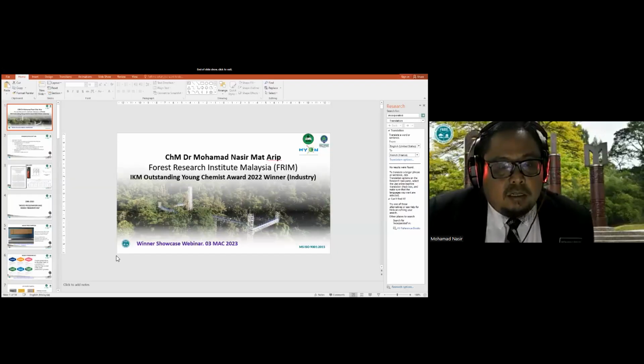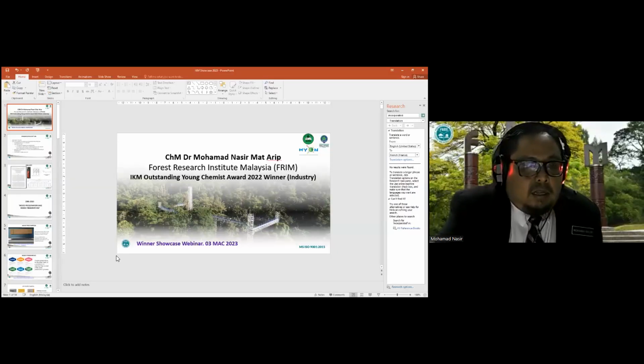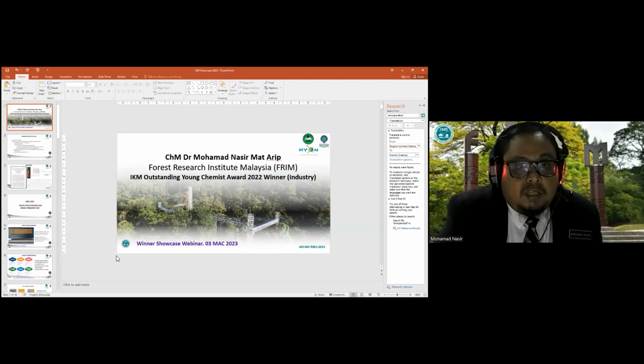Oh yes, I think this needs other studies that we need to conduct, especially on safety for human health. So there is potential that the wood preservatives that we use now have a negative impact.